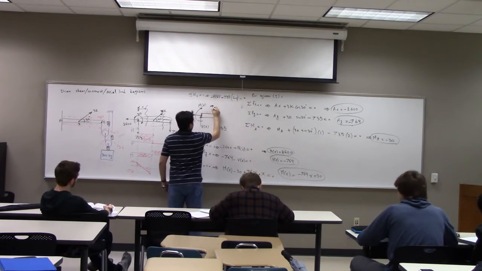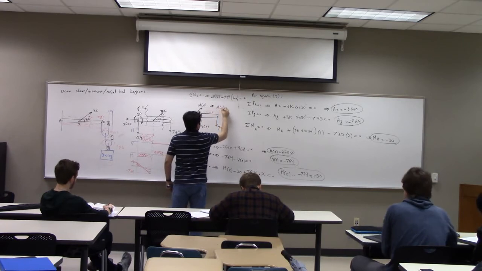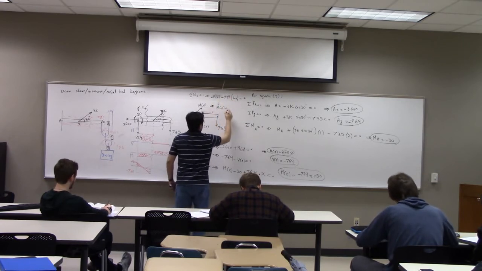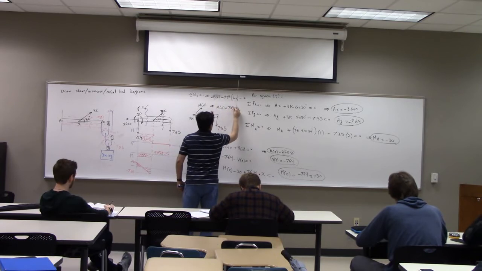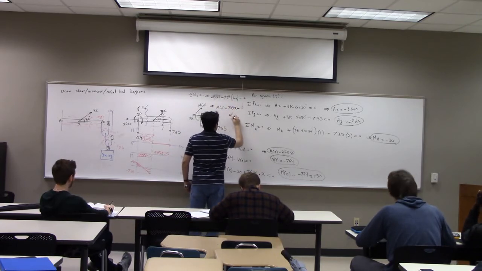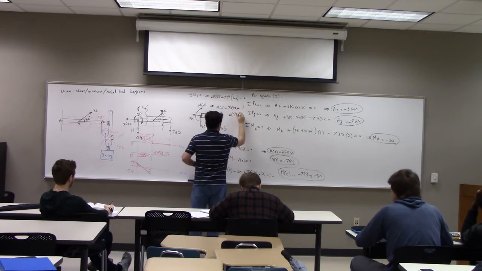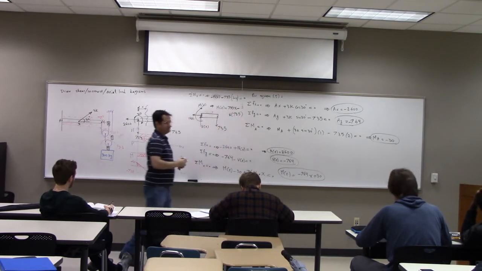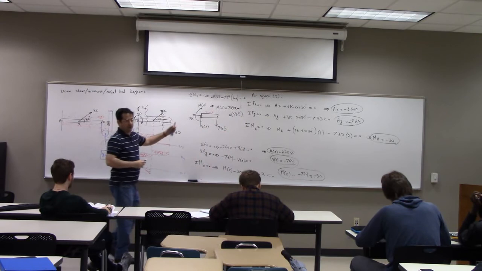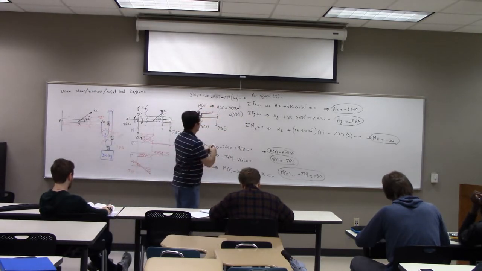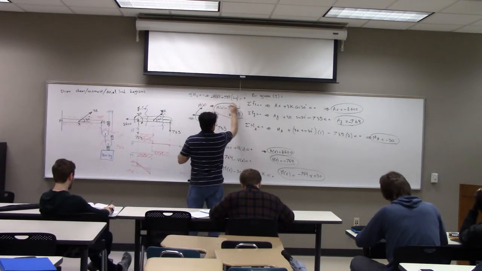So Mx is equal to, taking it to the right, 735 times x minus 2 times 735. Just by solving that, there you go, that's the equation.